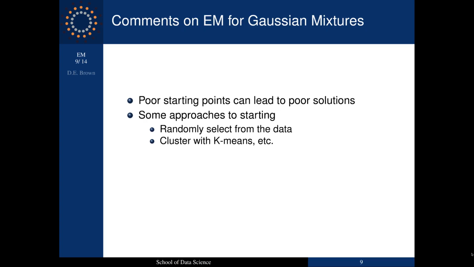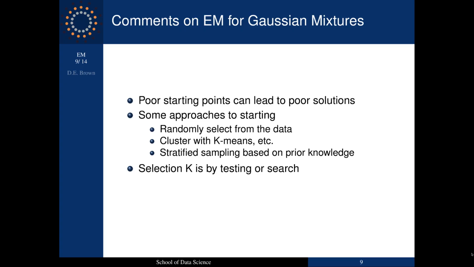You can use a clustering algorithm like k-means to first group everybody into groups and treat that as a starting point for the algorithm. You can do stratified sampling, which is a combination of the first two. You can first cluster and then stratify based upon your initial clustering, or you can do the stratification based on prior knowledge.